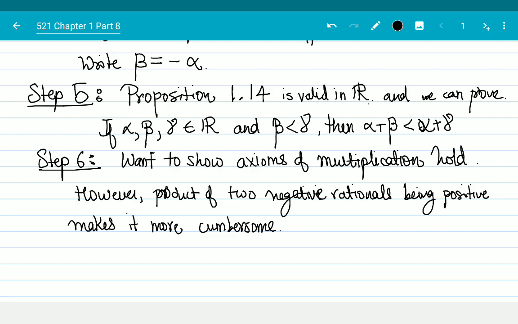To deal with this, we first restrict ourselves to only the set of positive reals.